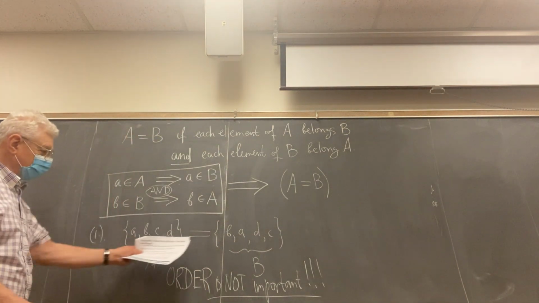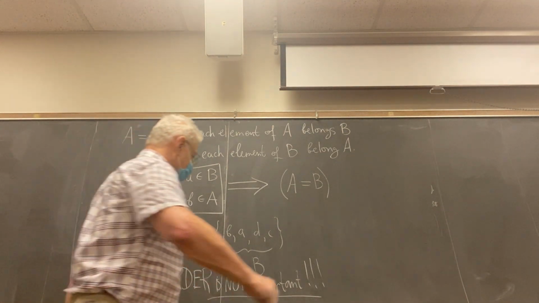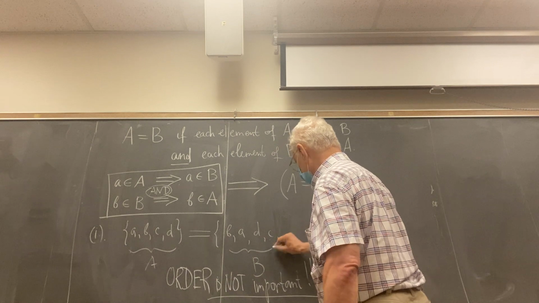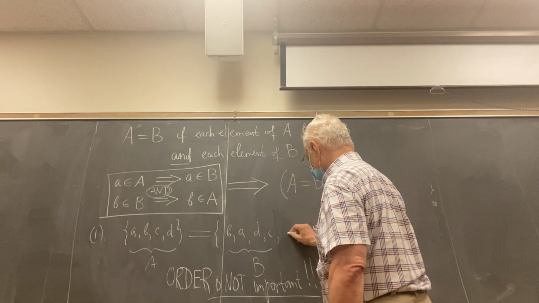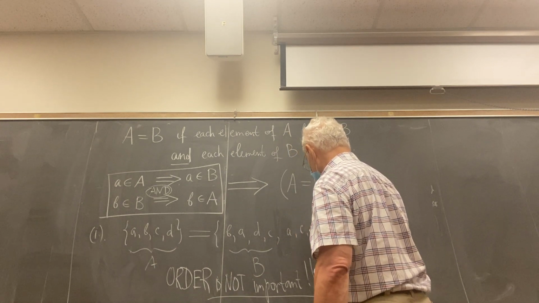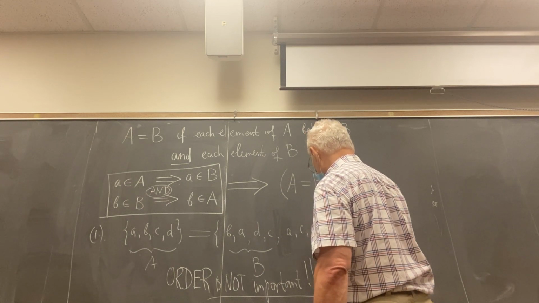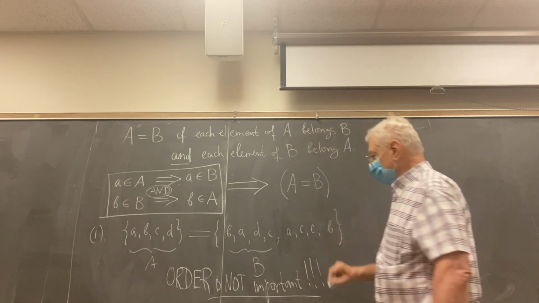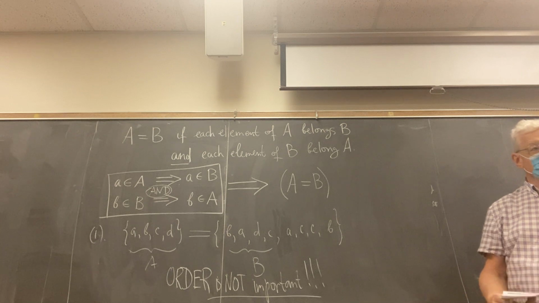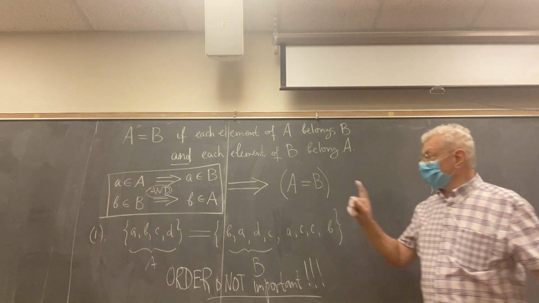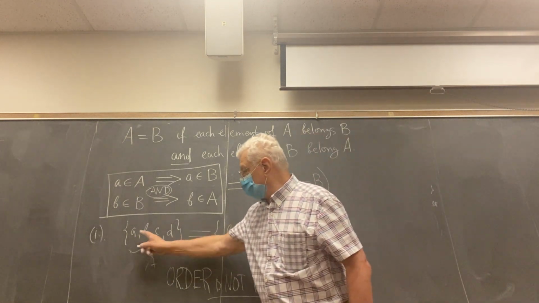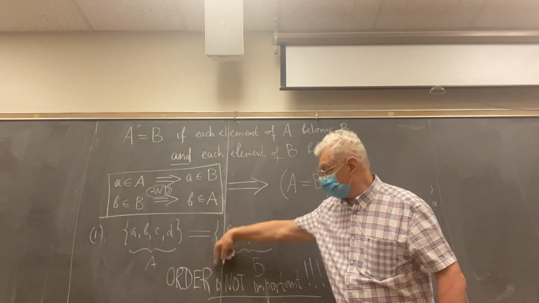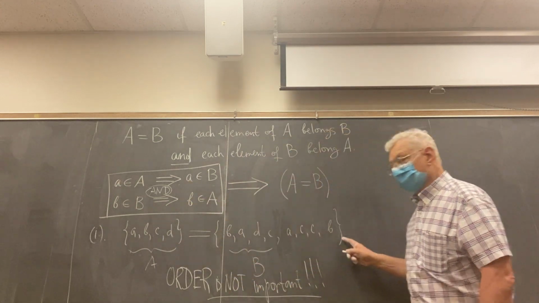But now, how about this one? What if I write A again, C again, C again, and B again? Are they equal or not? Yes. Because by definition, A, B, C, D from the first set, all of them are here.